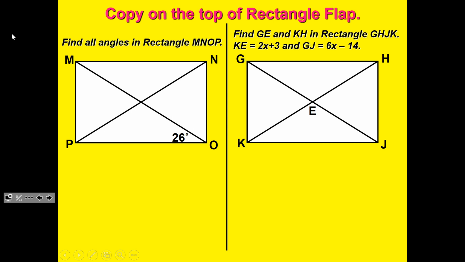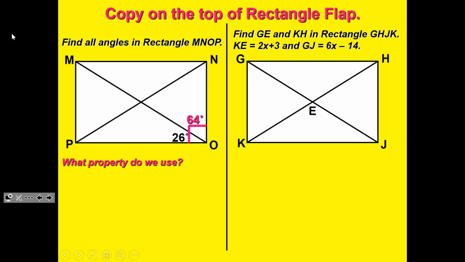So if we know that that angle down there is 26, and like you guys said, we're probably going to use that property that every angle is 90 degrees, what am I going to do with that 26 to figure out the other part of the angle? Subtract from 90, good. So we got our 90-degree angle, we subtract, and we get that that piece up there must be 64.